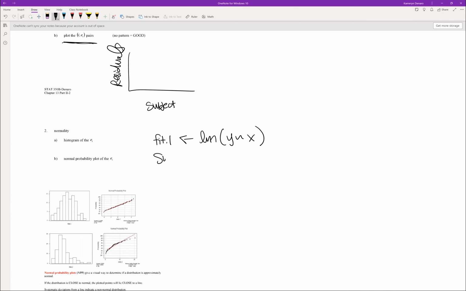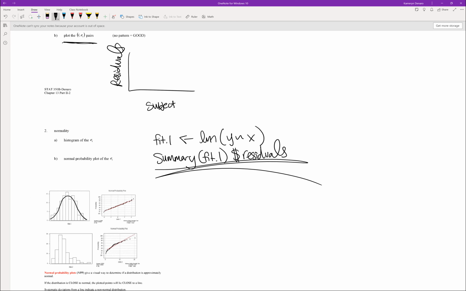Then summary of fit1 $residuals should give us the residuals. We can just take a histogram of these residuals and see, do these look bell-shaped, like a normal distribution? So in our first plot, those look pretty normal. And when we look at our normal probability plot, all those points lie on a line. So that looks pretty good.